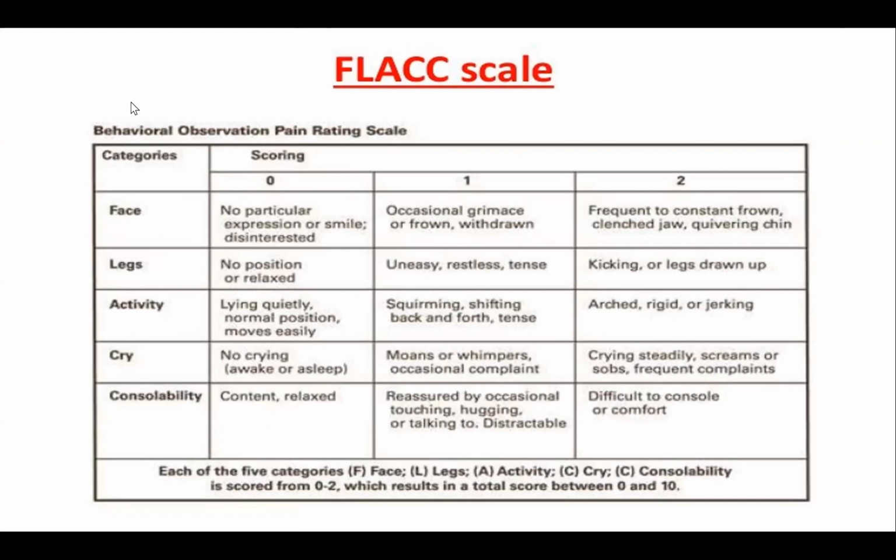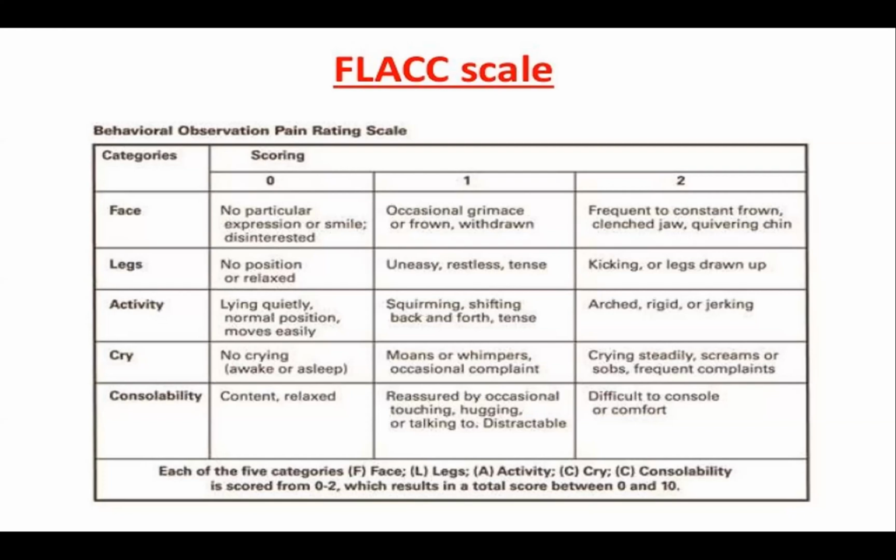The FLACC scale is a behavioral scale, and we use it a lot for children who are nonverbal. So really, we look at the activity. So we look at their face, their legs, their activity, their crying and consolability, and we look at the expressions. If they have a facial expression or a smile, or they are calm, are they relaxed?